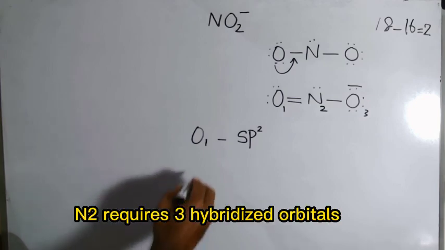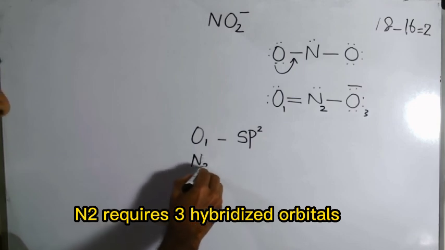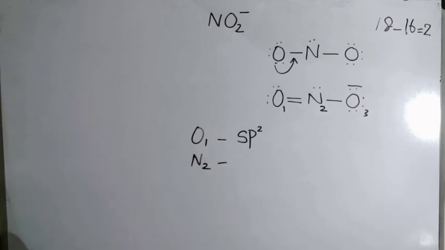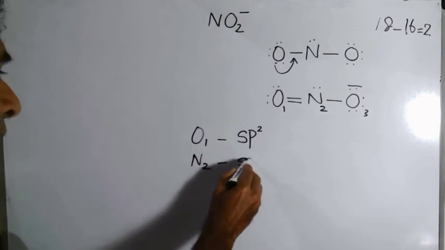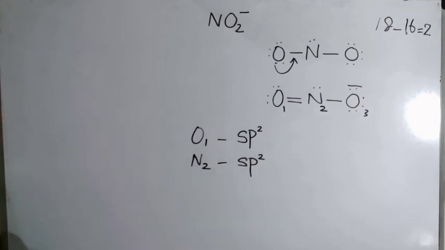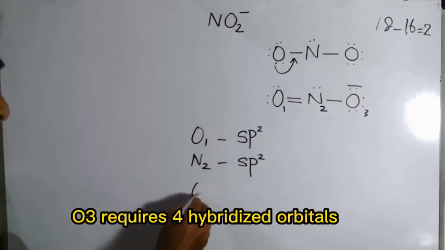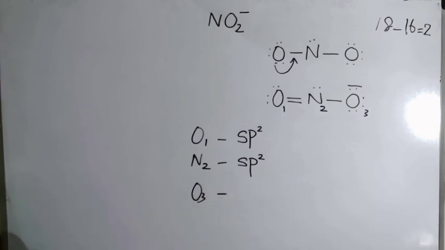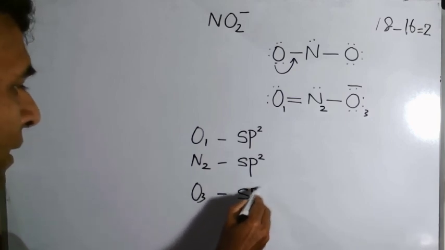When we come to the nitrogen atom, it has one lone pair and 2 sigma bonds. Again, it needs 3 hybridized orbitals. So it can get that using sp2 hybridization. When we come to oxygen number 3, it has 3 lone pairs and 1 sigma bond, meaning it needs 4 hybridized orbitals. So it has to go to sp3 hybridization.